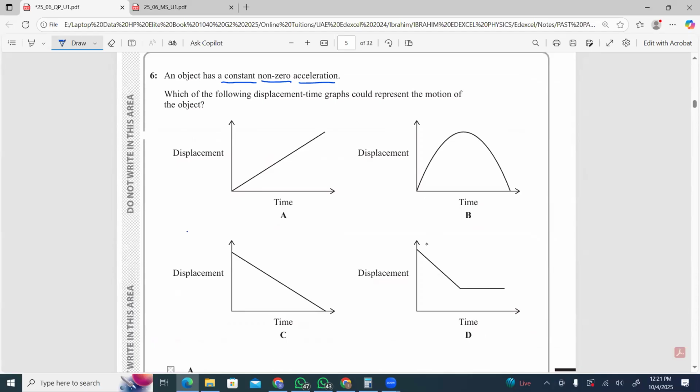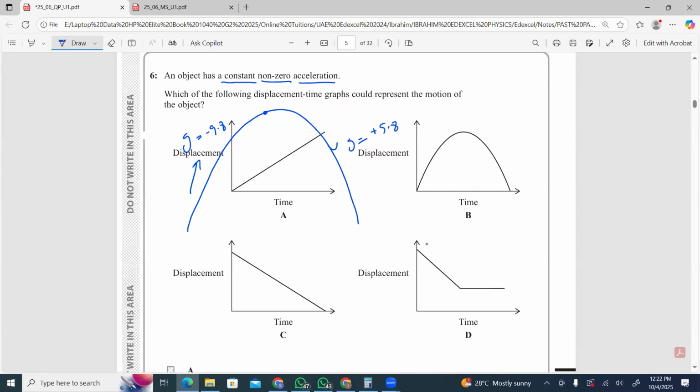For example, if I throw a ball upward, and then it comes down, while it's moving up, it has a gravitational acceleration, which is minus 9.8, and when it's coming down, it has a gravitational acceleration of plus 9.8, correct? So in both ways, its acceleration is constant and non-zero, but just changing its sign, right?